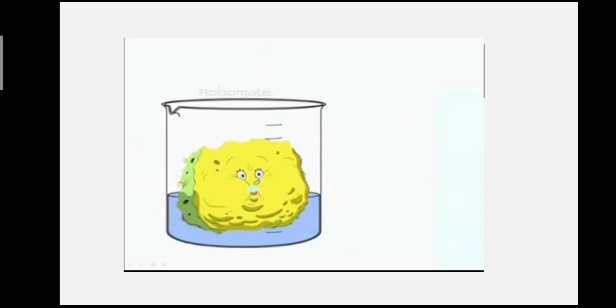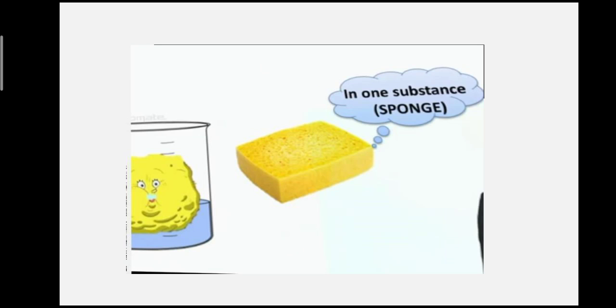One substance, that is sponge, the other substance, that is water. Water is entering through the surface of the sponge and it is getting uniformly distributed throughout the bulk of the sponge. Now, when I use the word bulk, it means the sponge is going to get wet uniformly throughout with water.